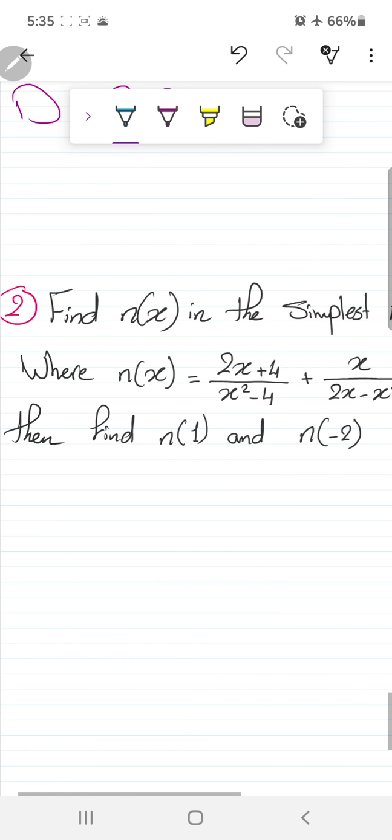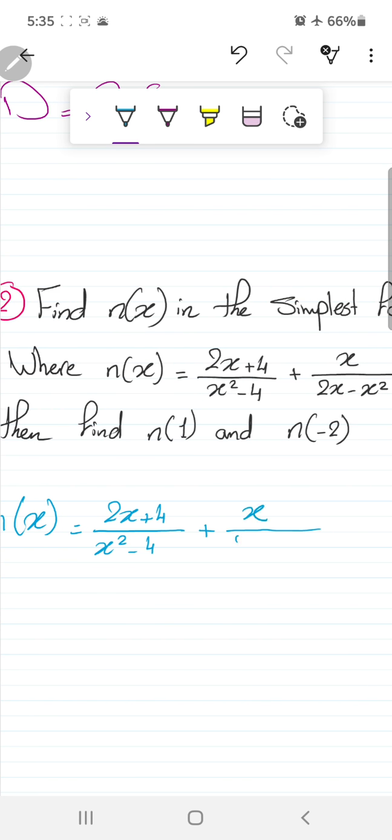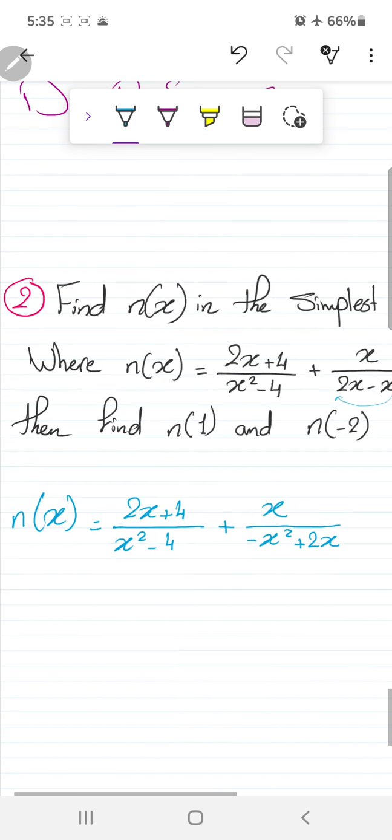First, write n of x equals 2x plus 4 over x power 2 minus 4 plus, second, x over 2x. Sorry, here we have a range, so start from negative x power 2 plus 2x.